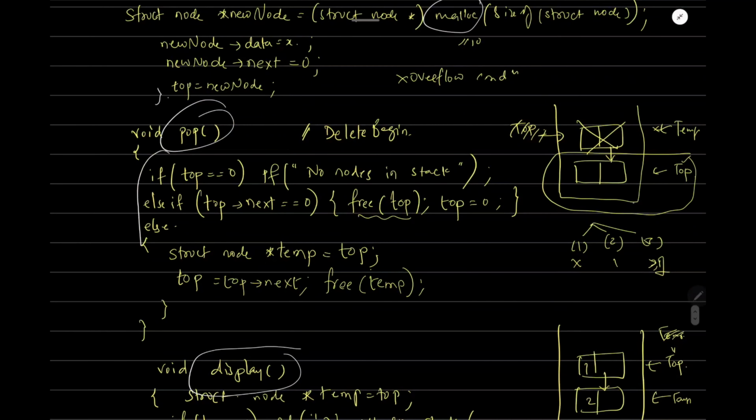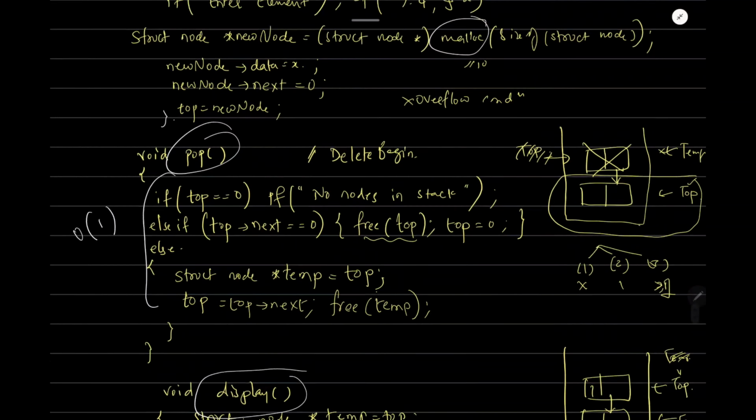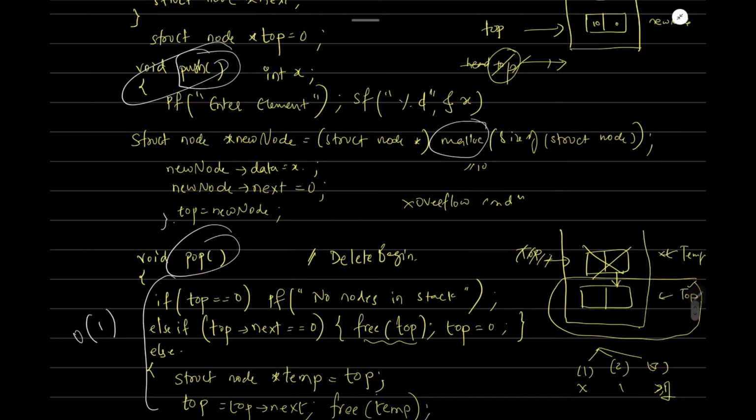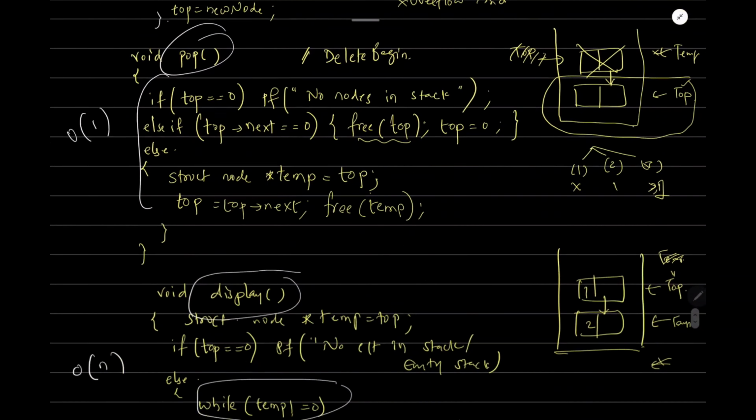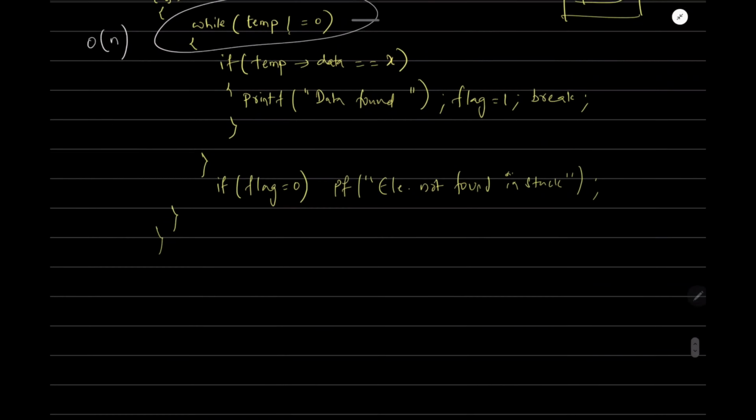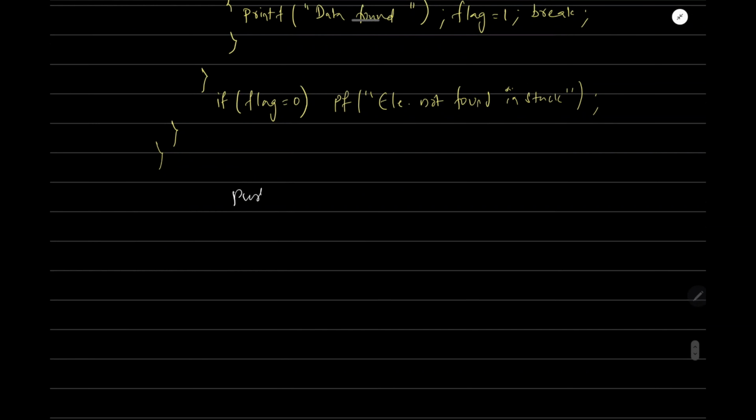In pop also we haven't used any looping, so it is order of 1. Similarly in push it is order of 1. So in push, pop and peek, in these three it is order of 1. And in search and display it is order of n.